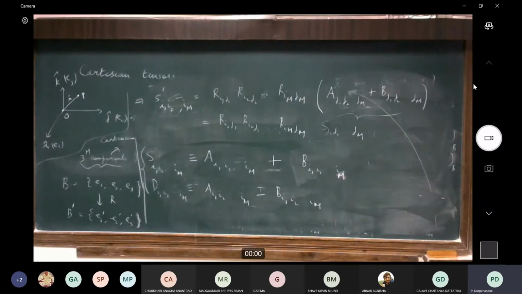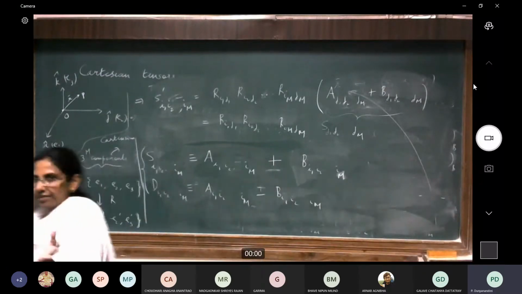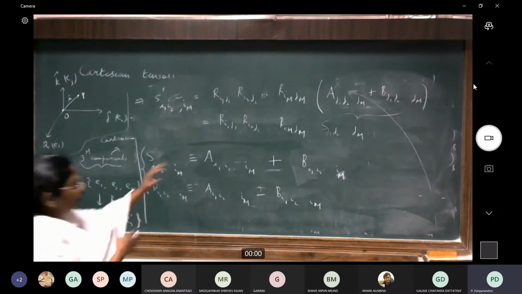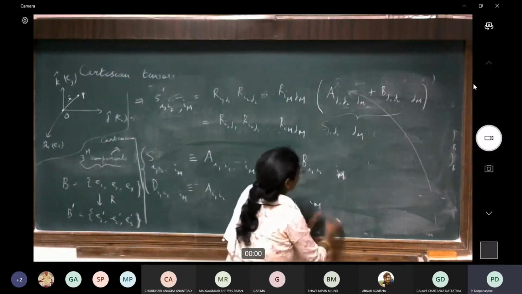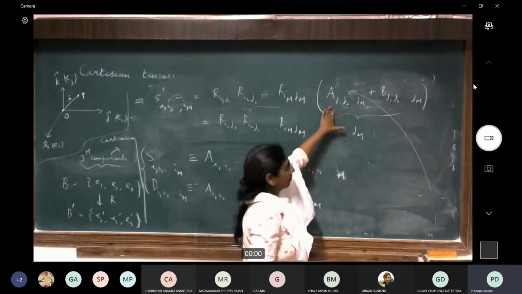But note that it will not make any sense for me to add or subtract tensors of different rank. It won't make sense at all for me to add, say, a vector and a second rank tensor, because a vector will have 3 components, and a second rank tensor will have 9 components. If you remember the way I went from here to here, it's because both of them had exactly the same components and the same number of R's. That's why I could put them together.